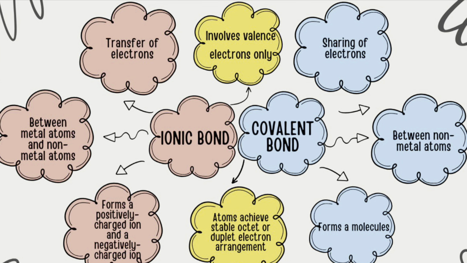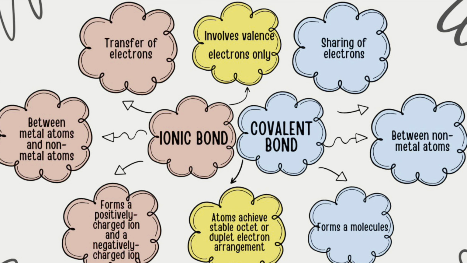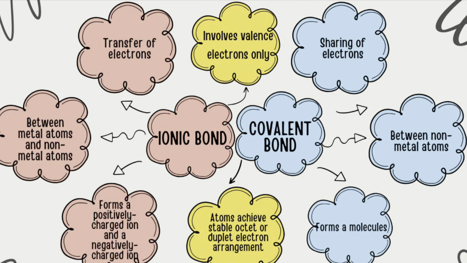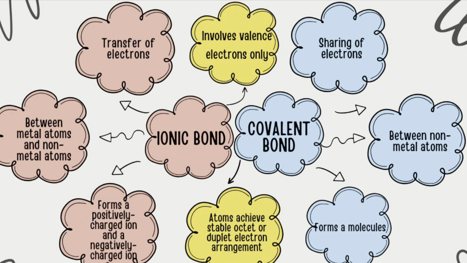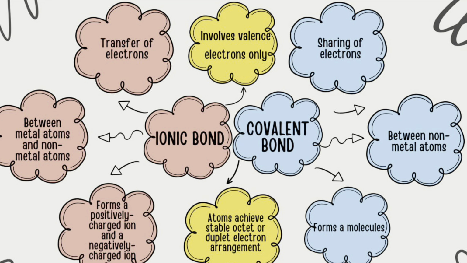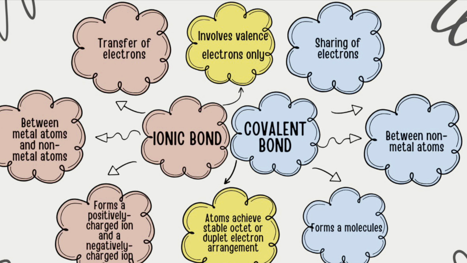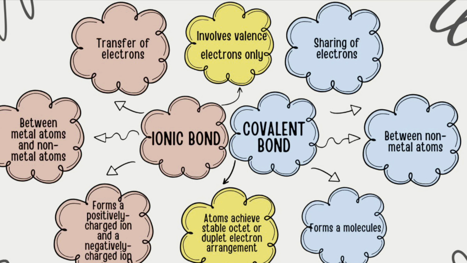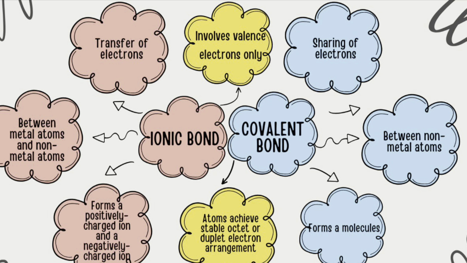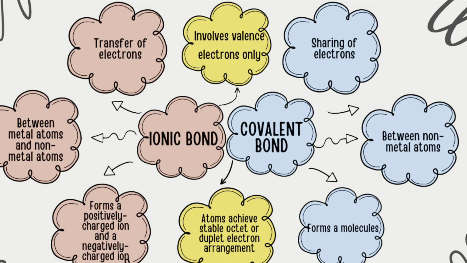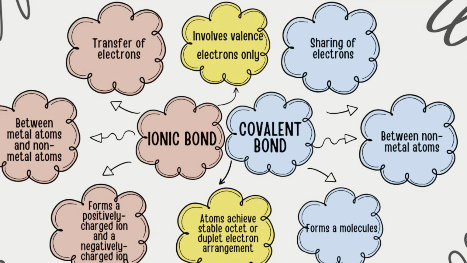Moreover, ionic bond can also be formed from a positively charged ion and a negatively charged ion. For covalent bond, it involves sharing of electrons between non-metal atoms, and covalent bond also forms molecules.